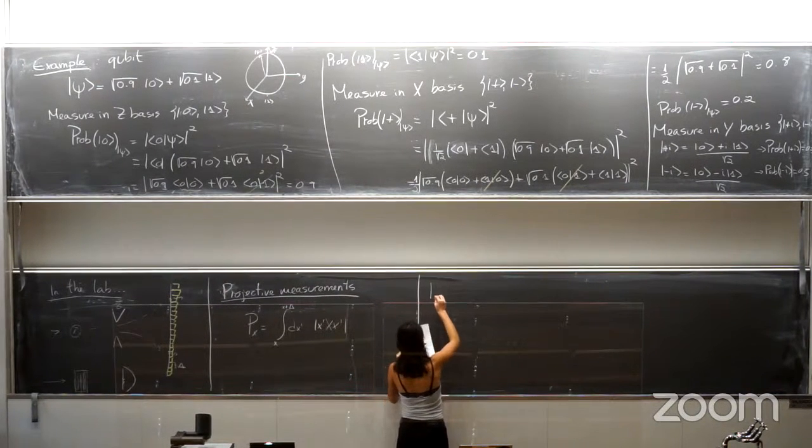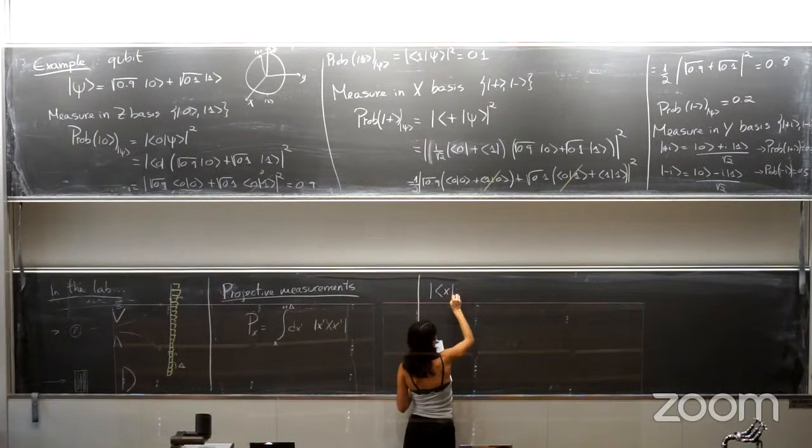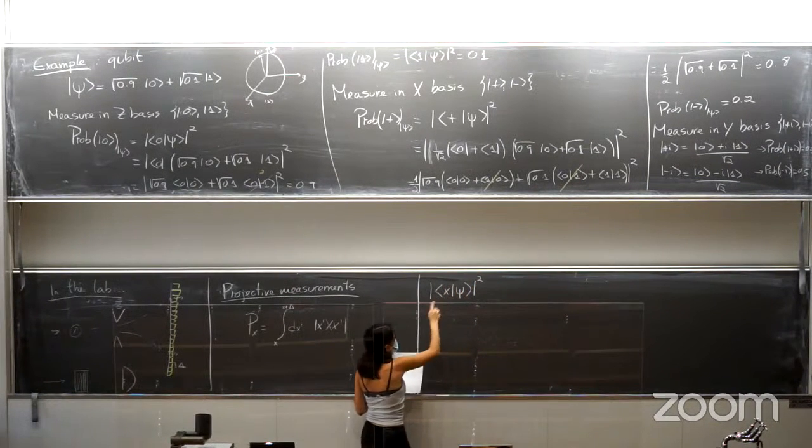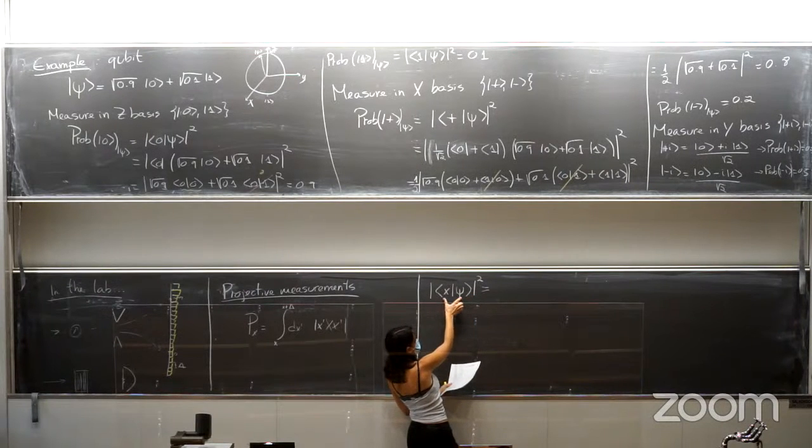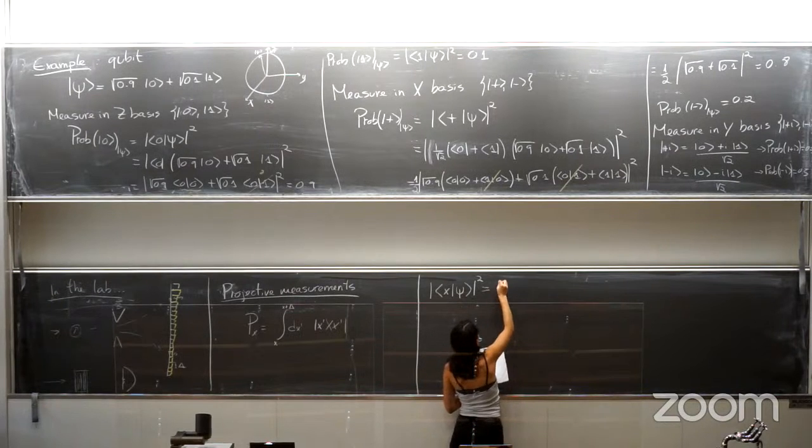First of all, we saw that the inner product, the probability of getting just one outcome X, was given by this, and we can expand this. The modulus square is this complex number times its complex conjugate.